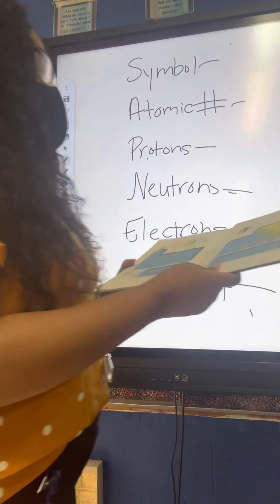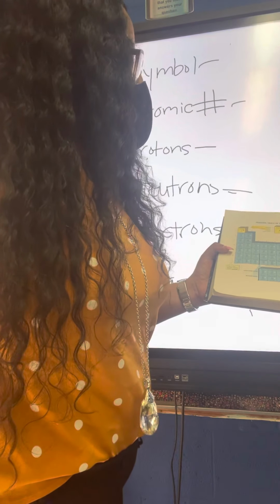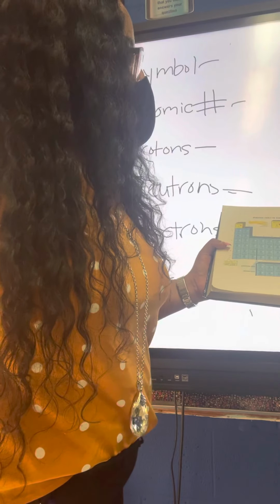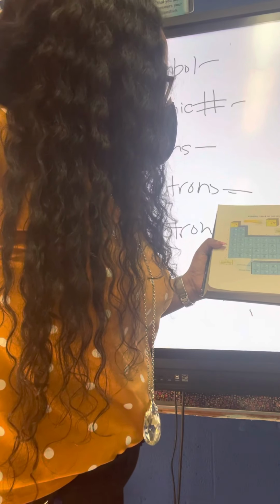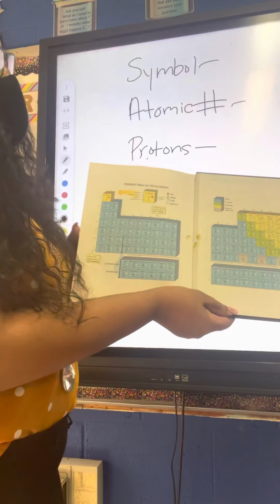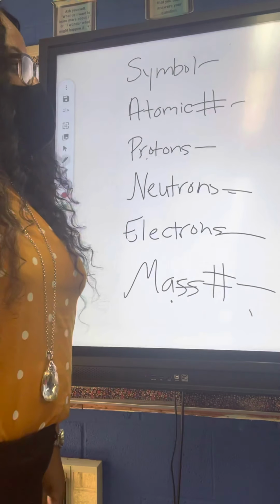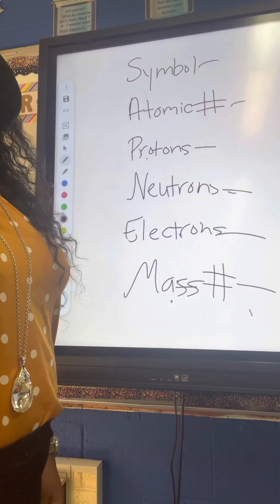Okay, you have your book. Alright, so the symbol is always going to be the letter under the atomic number.